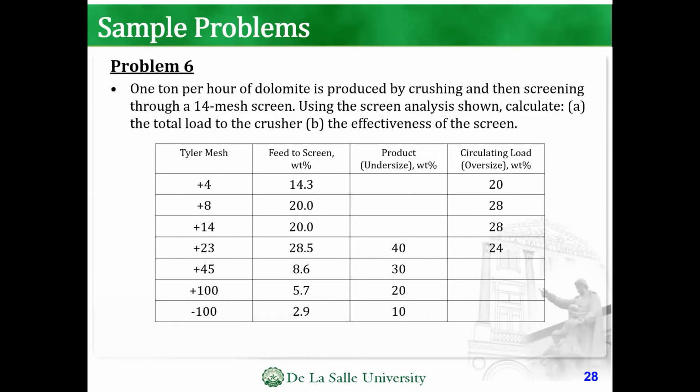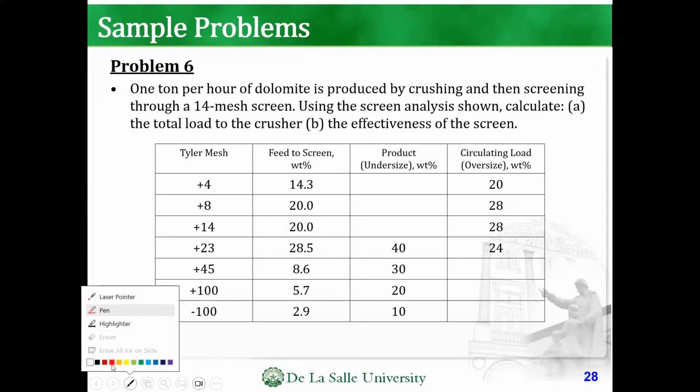The important thing here is to understand first the first sentence of the problem: 1 ton per hour of dolomite through a 14 mesh. So if it's passing through a 14 mesh, it is important for us to separate them.